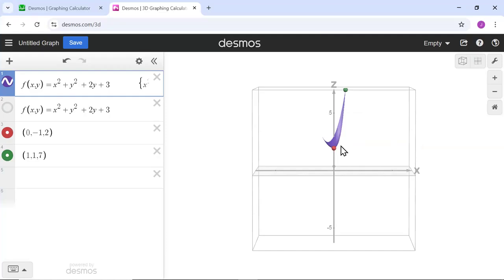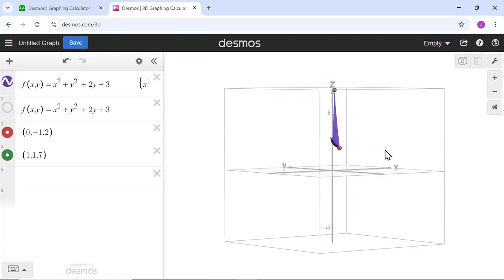My absolute max and my absolute min have to happen at either a critical point or on a boundary, or a critical point which is on the boundary, like in our example. So you can see that the minimum point happened at this red spot.